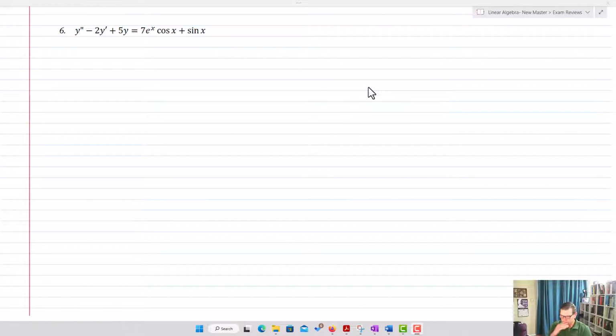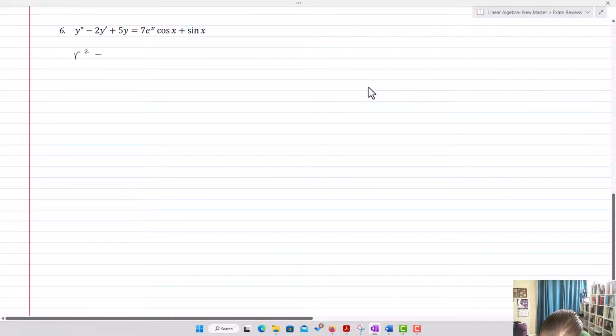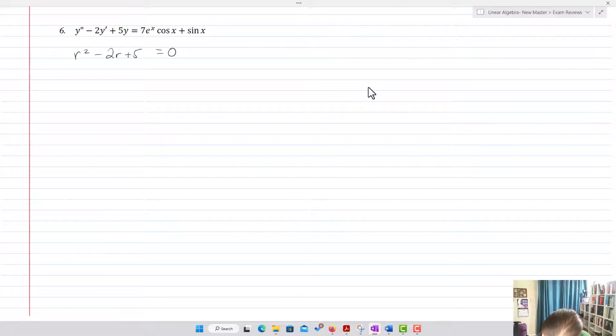Okay, so in order to do that, I'm going to demonstrate that. I first have r squared minus 2r plus 5 equal to 0 as my auxiliary polynomial. And so I'm going to use the quadratic equation. I'm going to get r equals negative negative 2, so 2, plus or minus the square root of -2 squared minus 4 times 5 times 1, divided by 2 times 1.